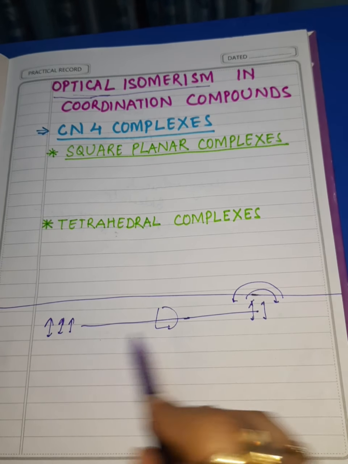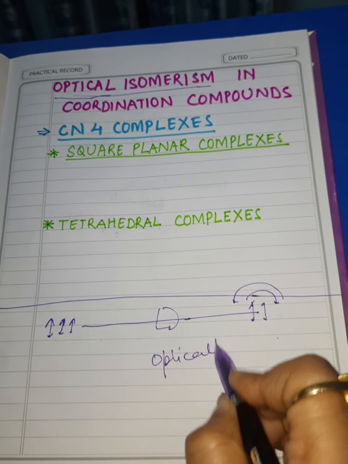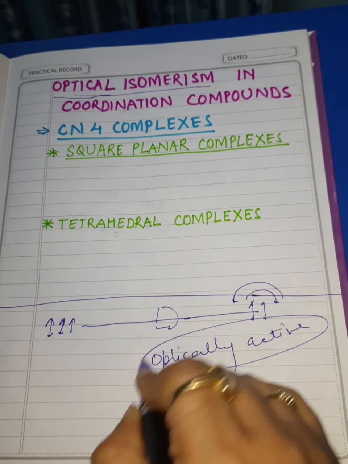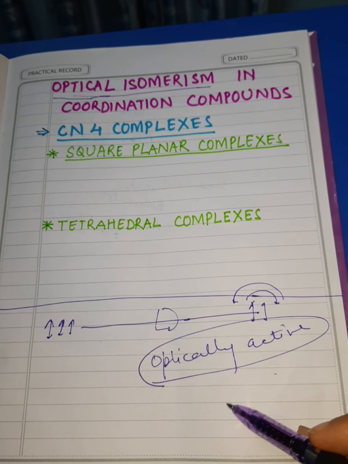So, due to this phenomenon, the compound is called optically active, and such optically active compounds are found to exhibit optical isomerism.